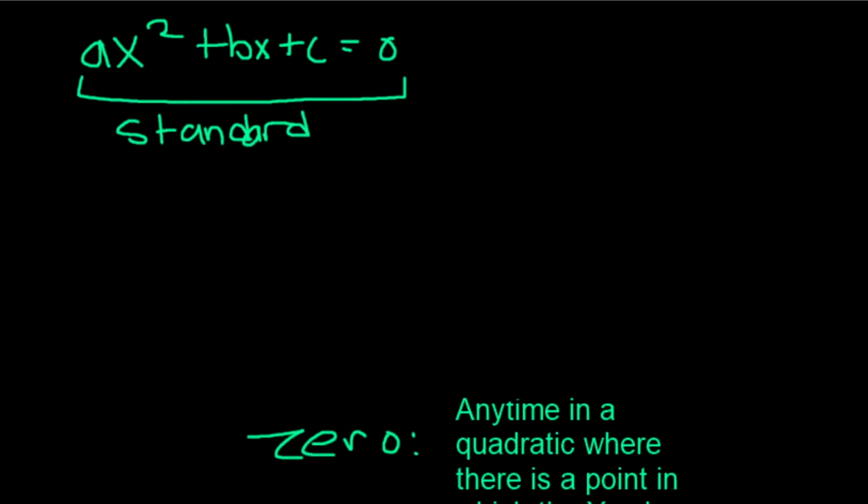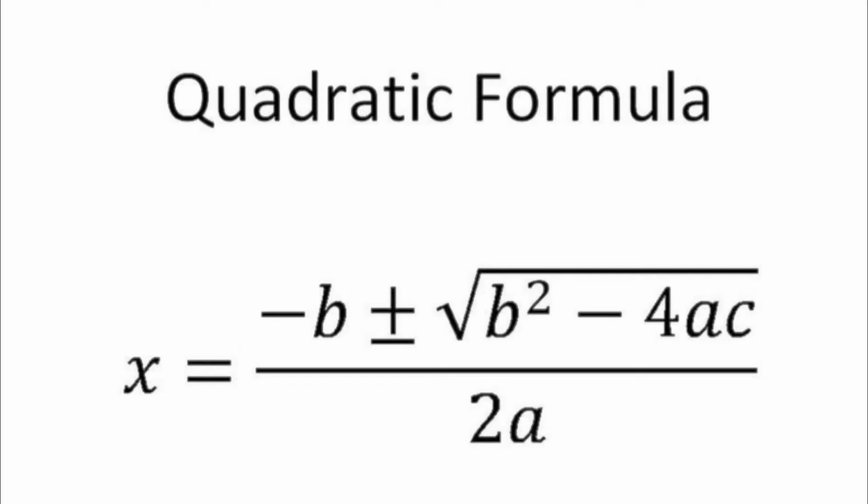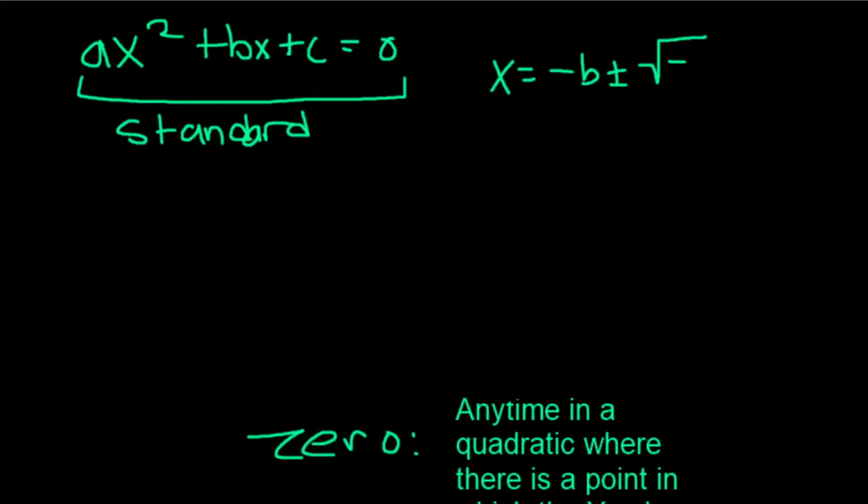And the quadratic formula is x equals negative b plus or minus, because in the scenario there could be two x values, there could be 1. The scenario can definitely differ, so that's why plus or minus is there. Plus or minus the square root of b squared minus 4ac, all divided by 2a.